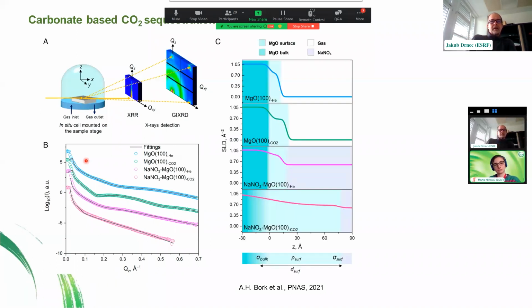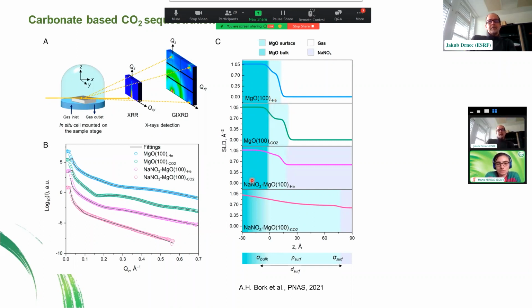And from these curves we can reconstruct the densities of the material. So now we can see that when we have just magnesium oxide and we put it in helium, we have some interface here, which is some different density magnesium oxide. When we put it into the CO2, we make a little bit of carbonate here, but not really into the bulk.